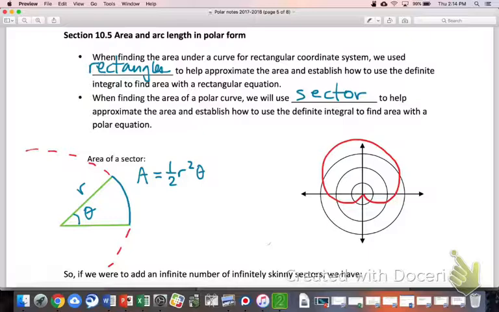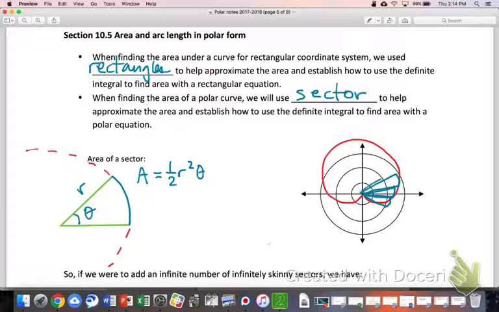Same thing here. It's a bigger stretch to say let's use some sectors, but maybe you'd get there. So let's find this area using sectors. A representative sector could go here, with a little bit of extra, and another sector here, and then you could come all the way out here with another little sector like that.